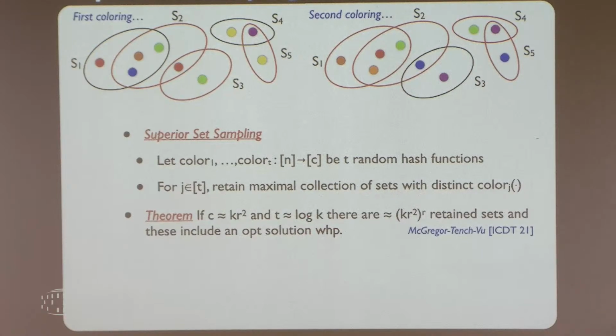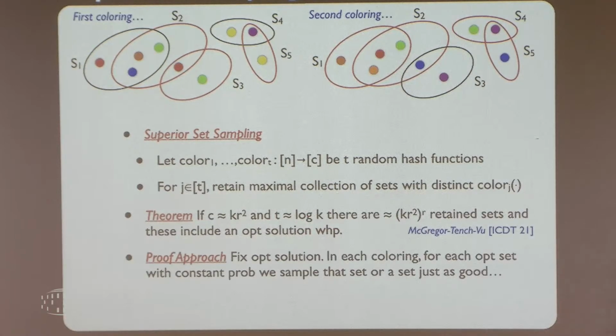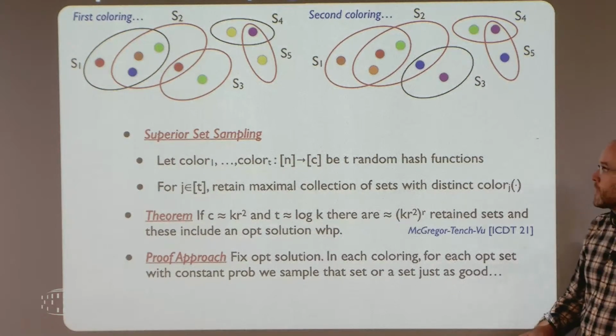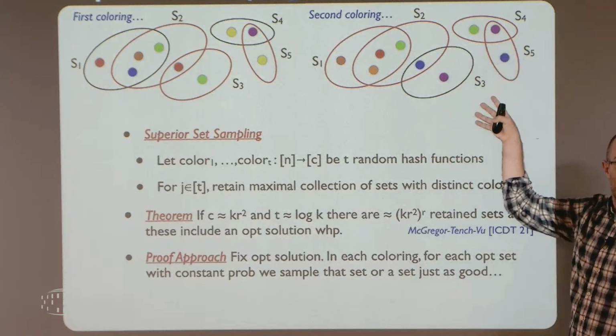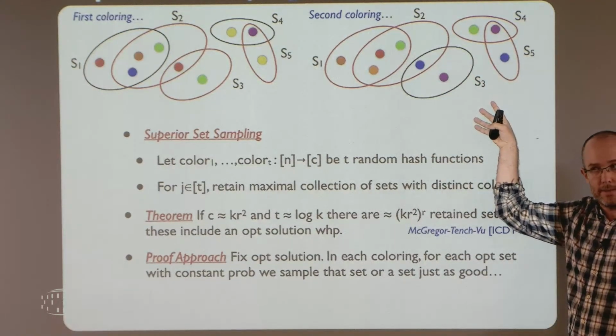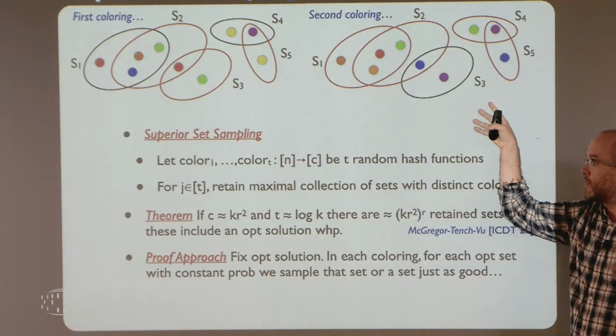Okay. How do we do that? Well, the general approach, and I'll dig into this in a little bit, is that the proof is very adaptive. You can do this in one shot in a non-adaptive way, but I think the easiest, most natural proof is adaptive.